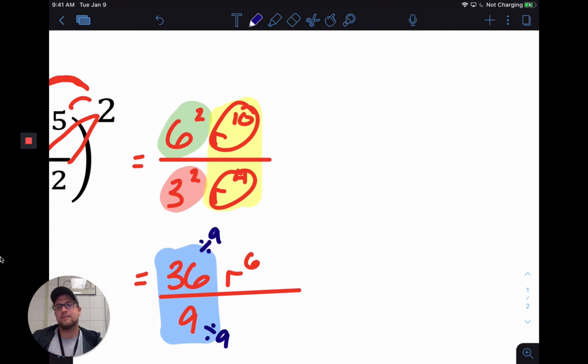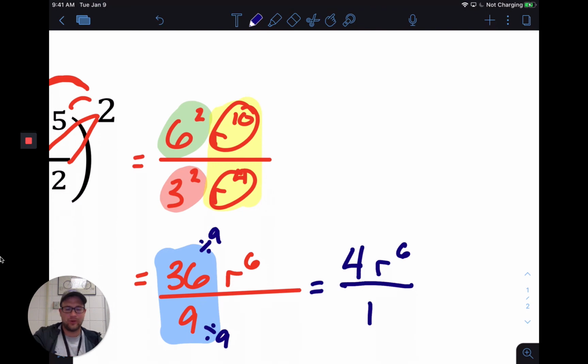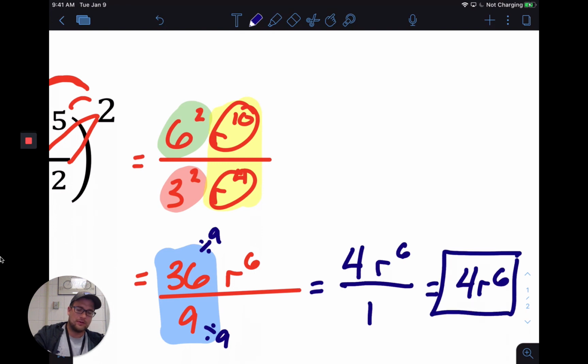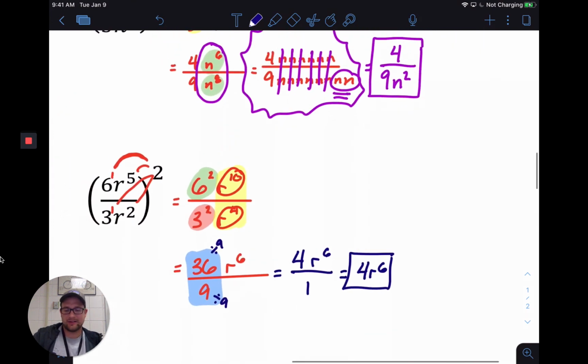Each of these pieces can be divided by 9. So simplifying 36 over 9, since I can divide out that factor of 9, this will become 4 r to the 6th. And on the bottom, we're just going to have that 1. And we know that anytime we have something over 1, we can just write it as 4 r to the 6th. And we're done. That's it, ladies and gentlemen.